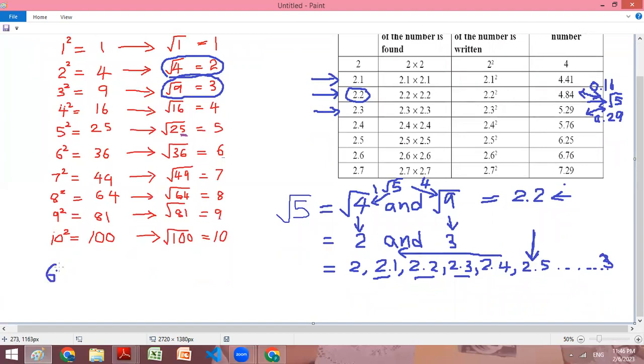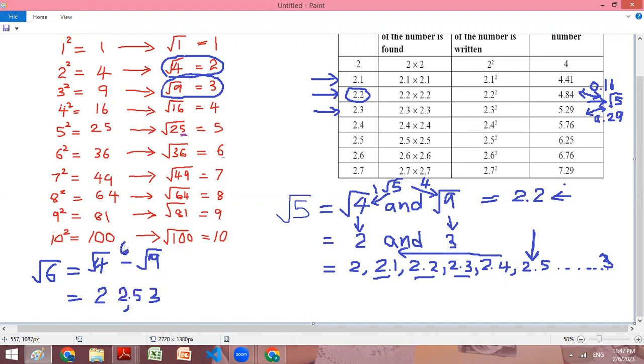The square root of 6. How to find the square root of 6? Same thing. The square root of 6 is also in between the square root of 4 and the square root of 9. The square root of 4 is 2. Therefore, the square root of 6 is in between 2 and 3. The middle value is 2.5.